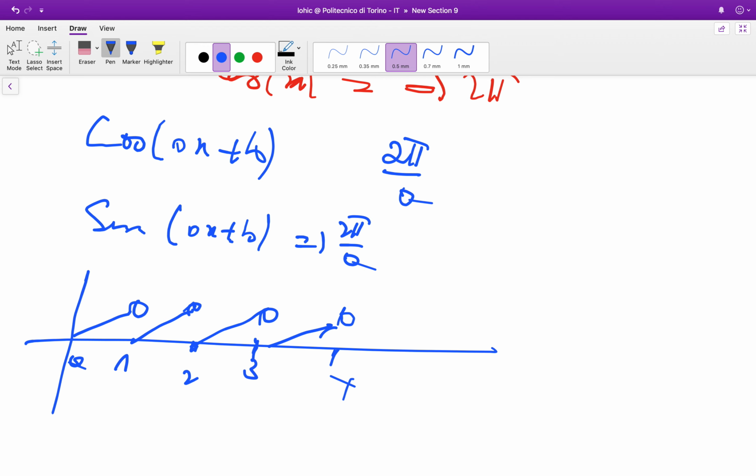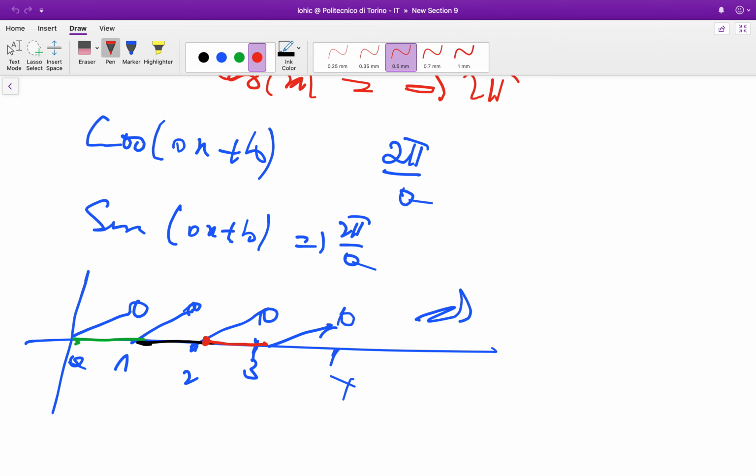It repeats itself after how much time? Yes. So from this graph we saw that after a step of 1, from 0 to 1, then from 1 to 2, yes or not? After each step of 1, the function repeats itself.